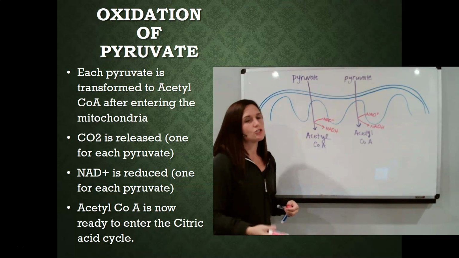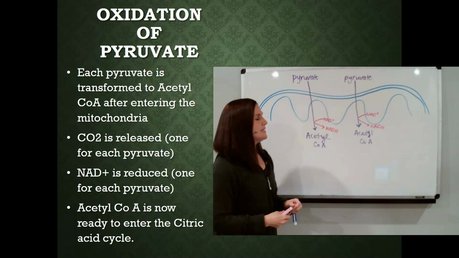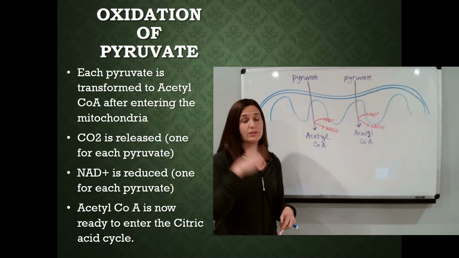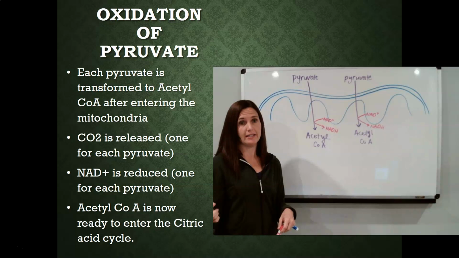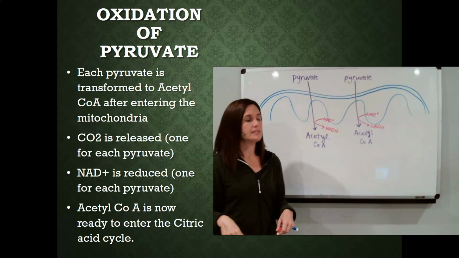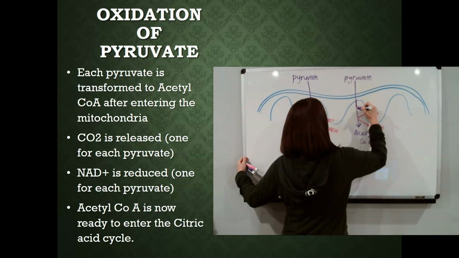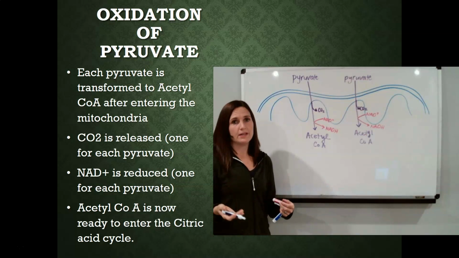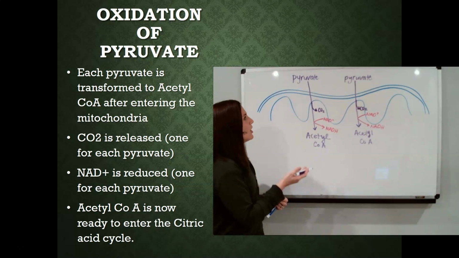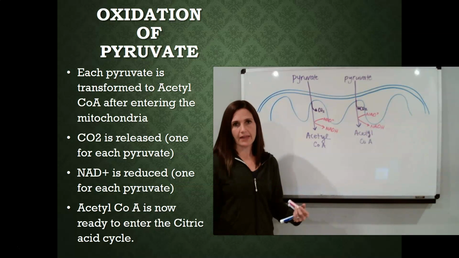So for each pyruvate that comes through the membrane, one NADH is reduced. And remember, these NADHs are going to go to the electron transport chain. That's where they're headed next. Also, as this happens, we're going to lose a carbon. So every time we lose a carbon, we're making carbon dioxide, and these carbon dioxides are going to leave the cell altogether.